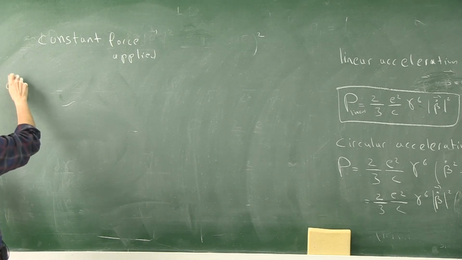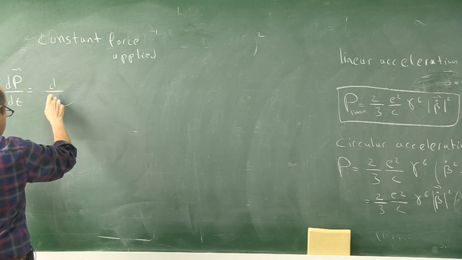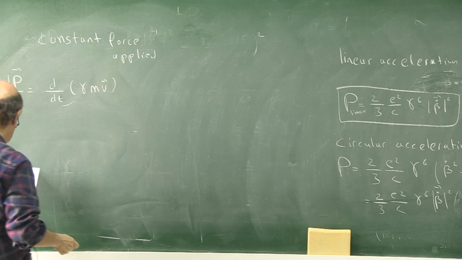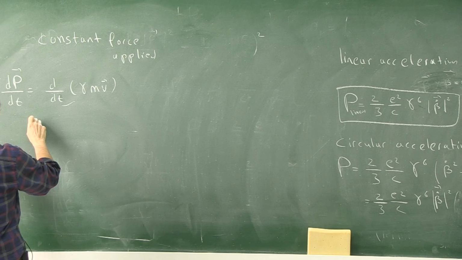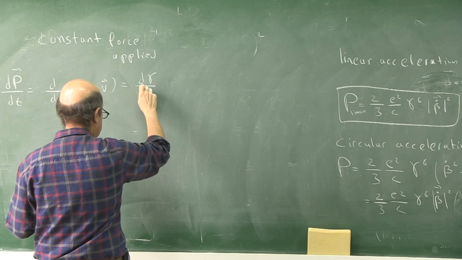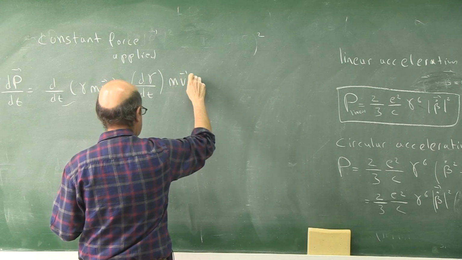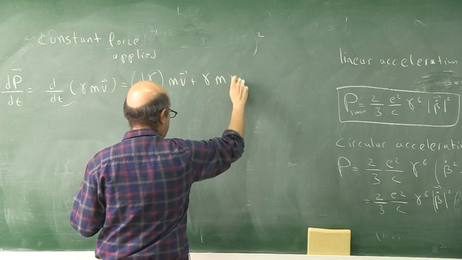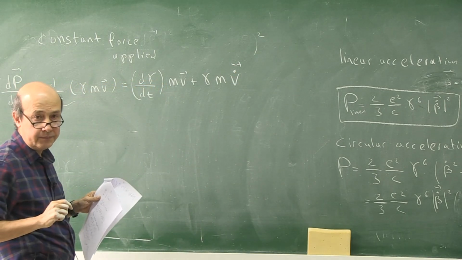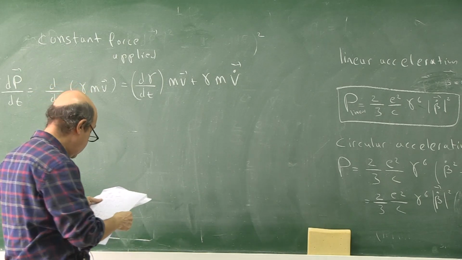So the force, dp over dt, will be what? d over dt of gamma m v, and this is equal to the derivative of gamma with respect to t times m v, plus gamma m v dot, the acceleration. So I take the derivative. I'm trying to calculate the force for a relativistic moving charged particle.